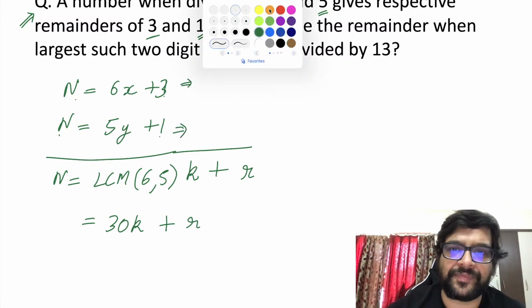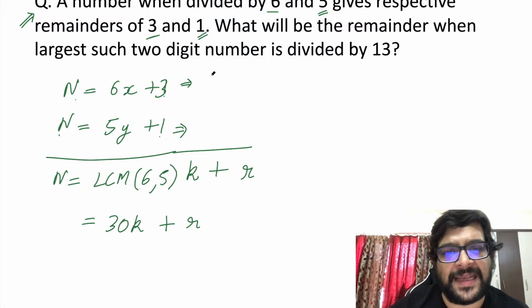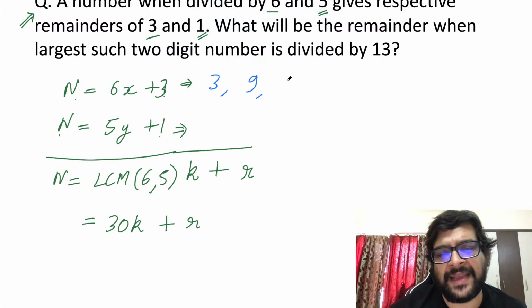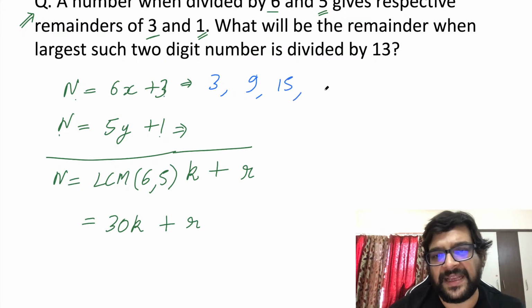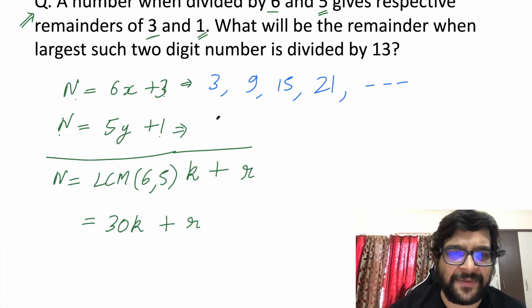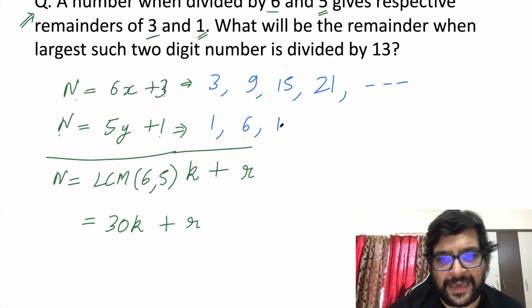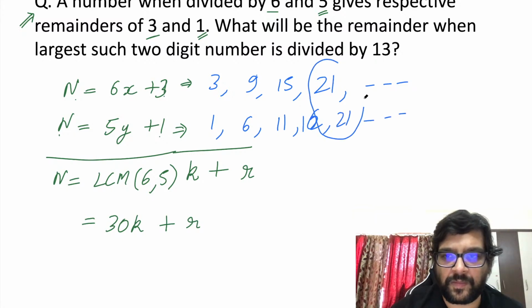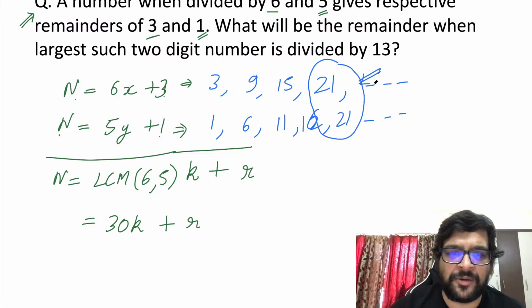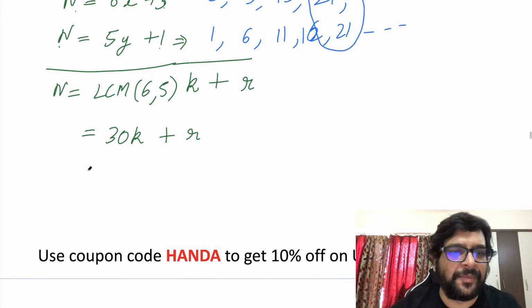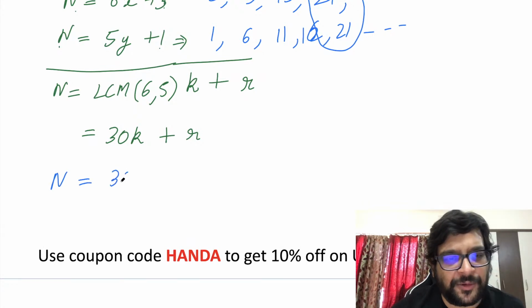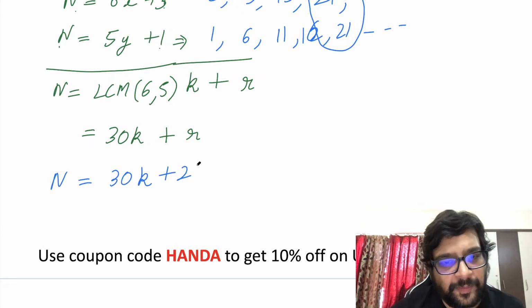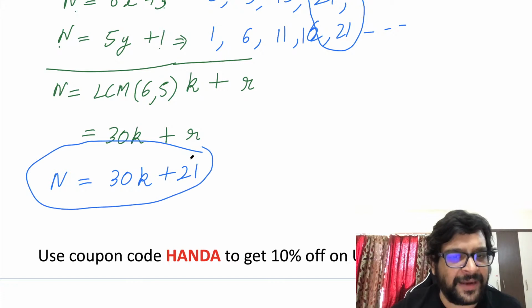Let's check. So 6x plus 3 is 3, then 9, then 12 plus 3, 15, 18 plus 3, 21, and so on. 5y plus 1, that is 1, 6, 11, 16, 21, and so on. 21 is common to both of them, which means my answer will be n equal to 30k plus 21.